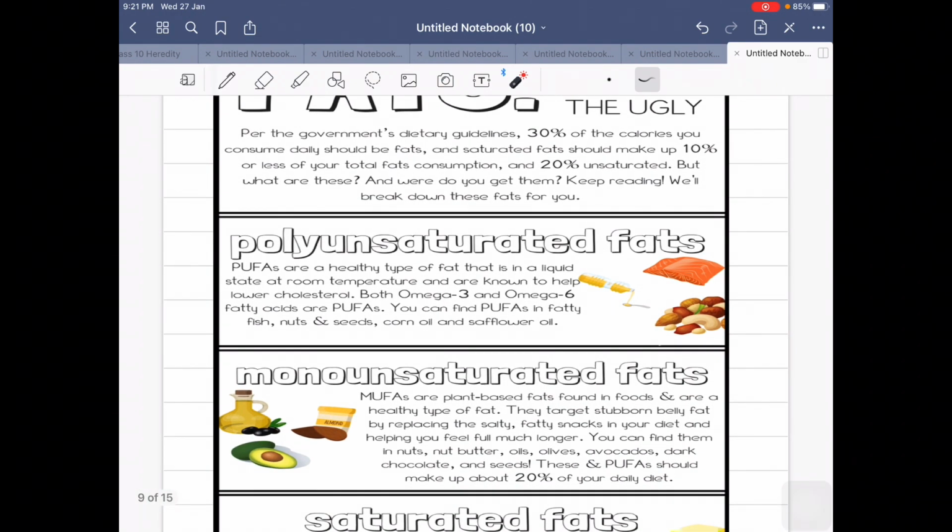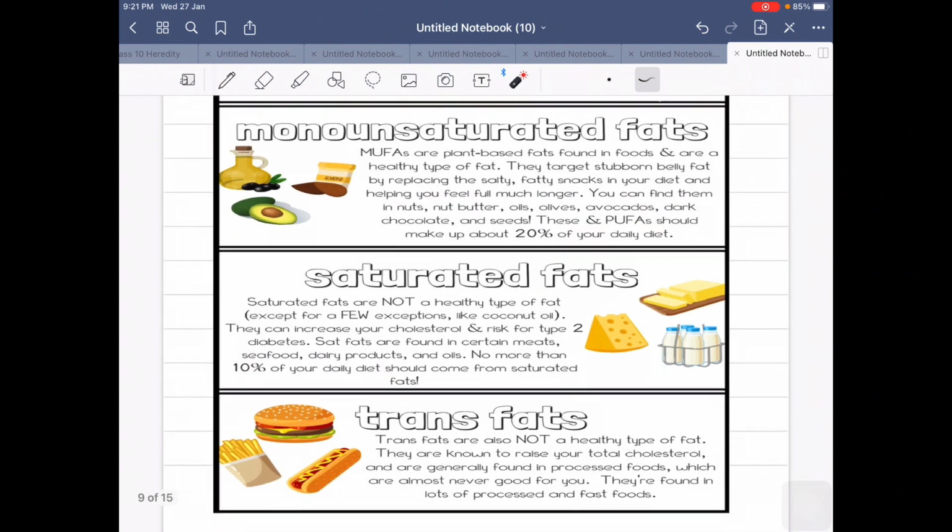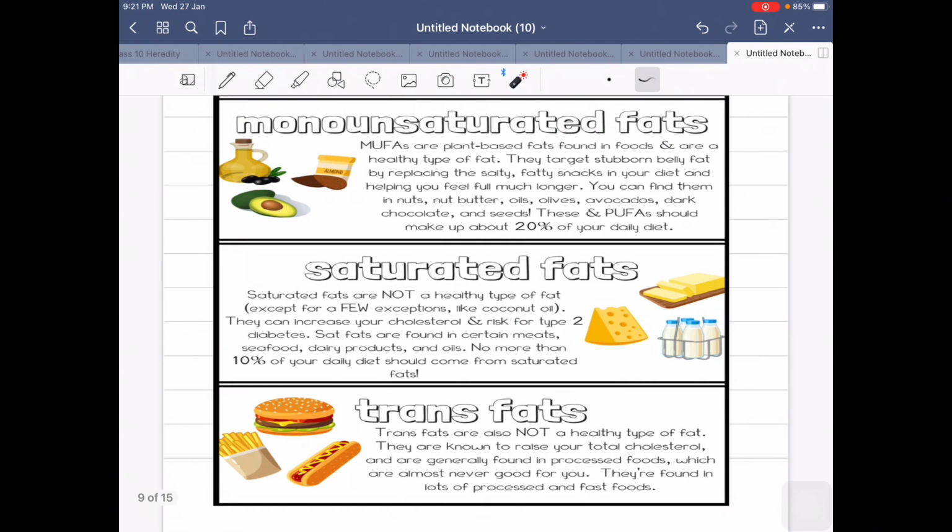Polyunsaturated and monounsaturated fatty acids are very good, but saturated fats are not a healthy type of fat. Especially some fats in a few meats, as well as a few oils and dairy products, have saturated fats, and they are not as healthy as PUFA and MUFA.